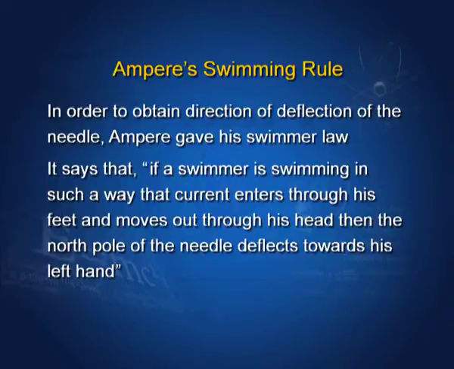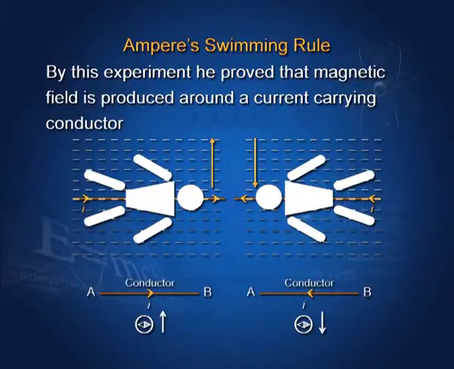It says that if a swimmer is swimming in such a way that current enters through his feet and moves out through his head, then the north pole of the needle deflects towards his left hand. By this experiment, he proved that magnetic field is produced around a current carrying conductor.